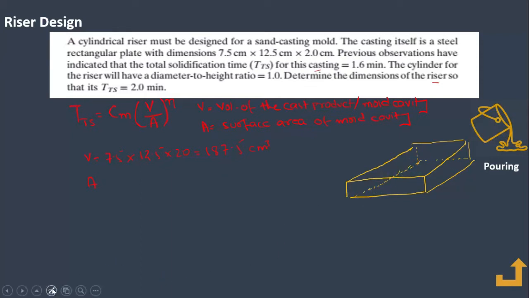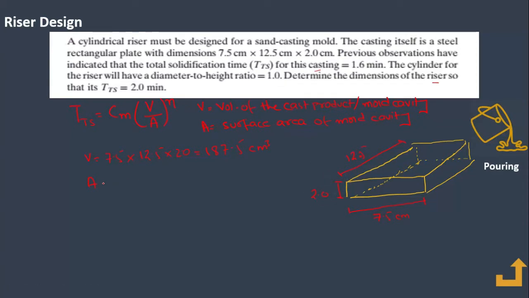Let's say the longest side is 12.5, this side equals 7.5 centimeter, and the thickness is 2 centimeter.